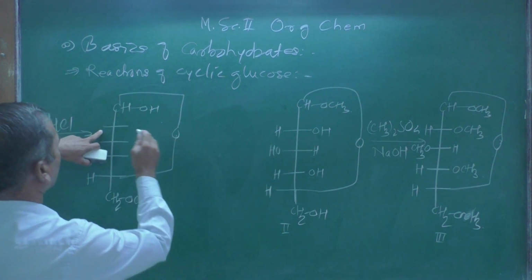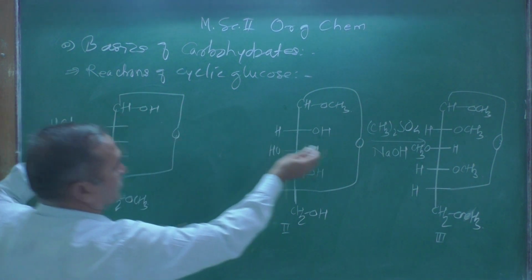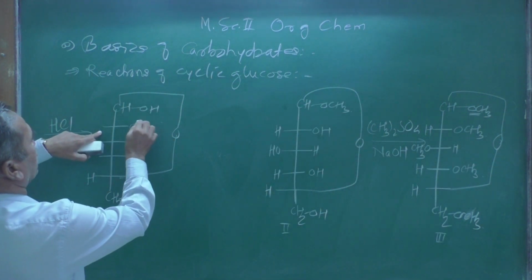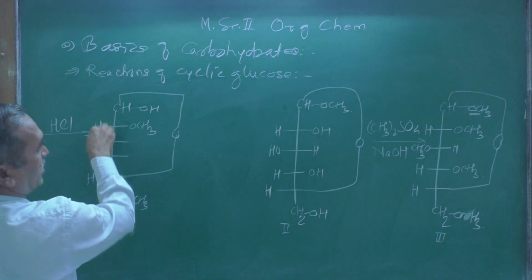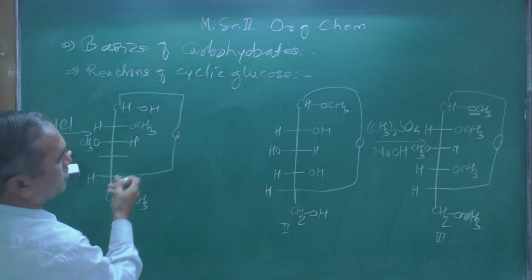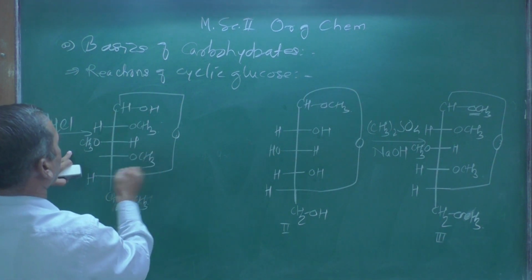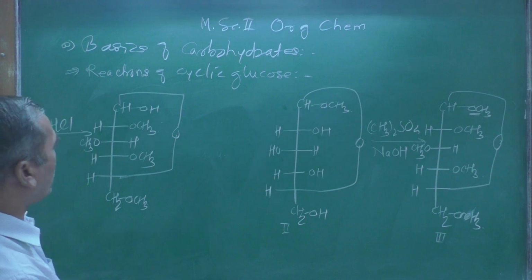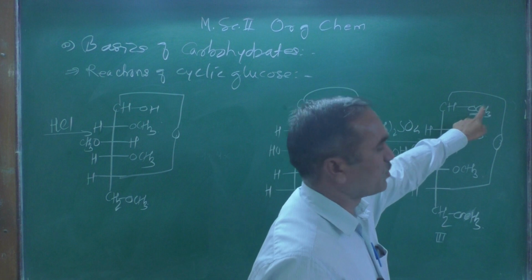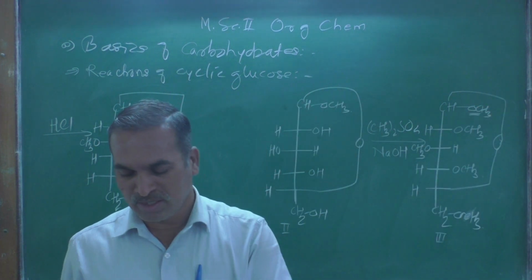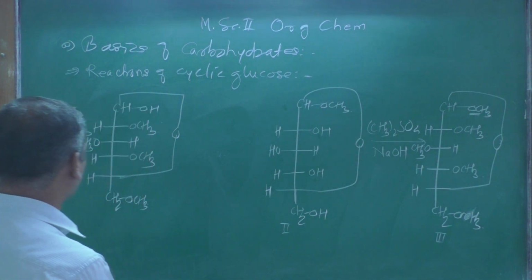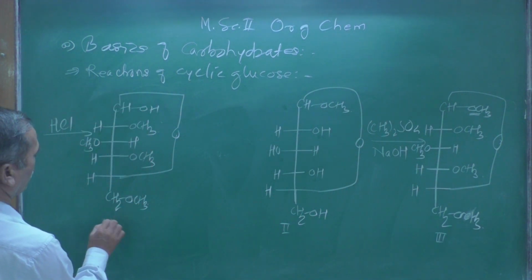Now only this methyl group gets replaced by the hydrogen atom; the other methyl groups remain as they are. Then CH3O, hydrogen atom, then OCH3, and this hydrogen atom. Look at this carefully: only this methyl group gets replaced by the hydrogen atom, and the other things remain as it is. This will be structure number 4 here.